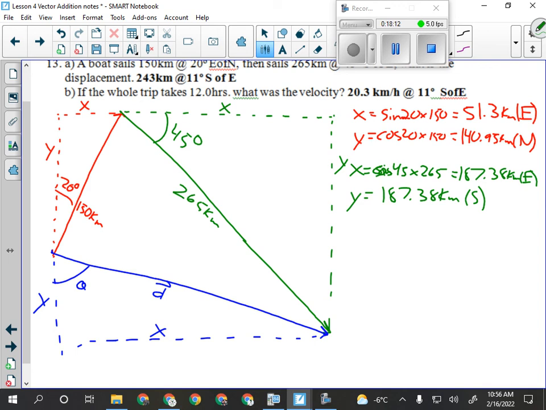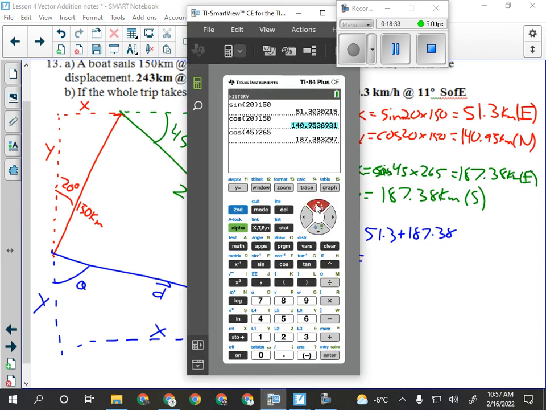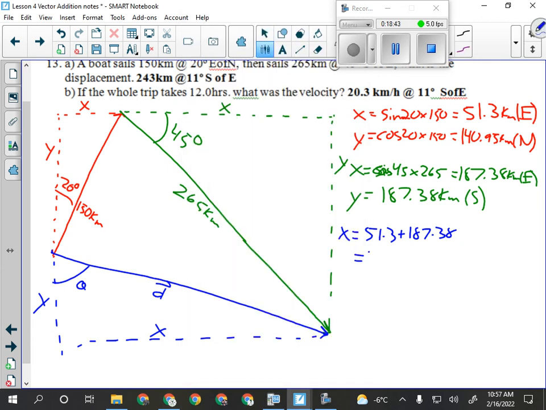Okay, so all we have to do is add them together. So to get our blue triangle here, blue x is going to be red x plus green x. So that'll be 51.3 plus 187.38. So 238.686 kilometers east.